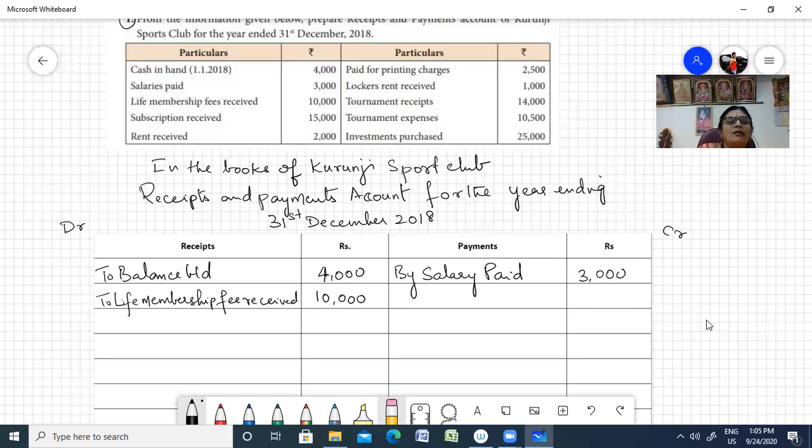Then subscription received. So to subscription received, 15,000. Rent received. To rent received, 2,000.